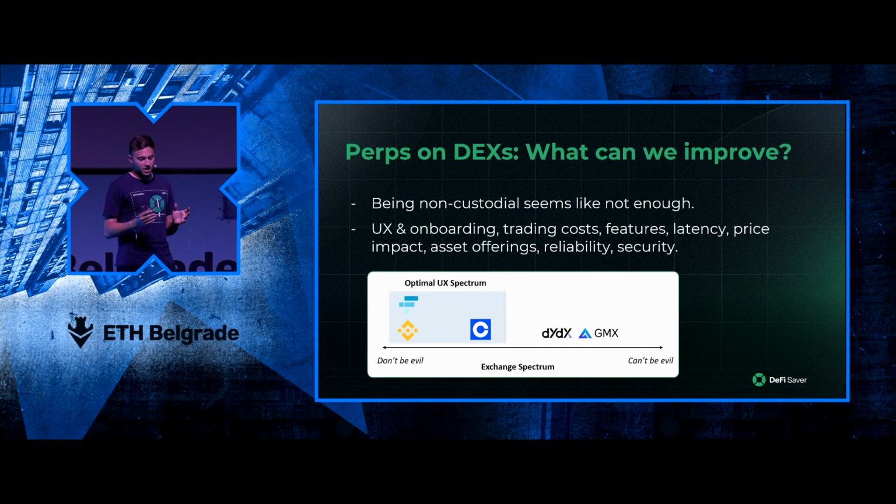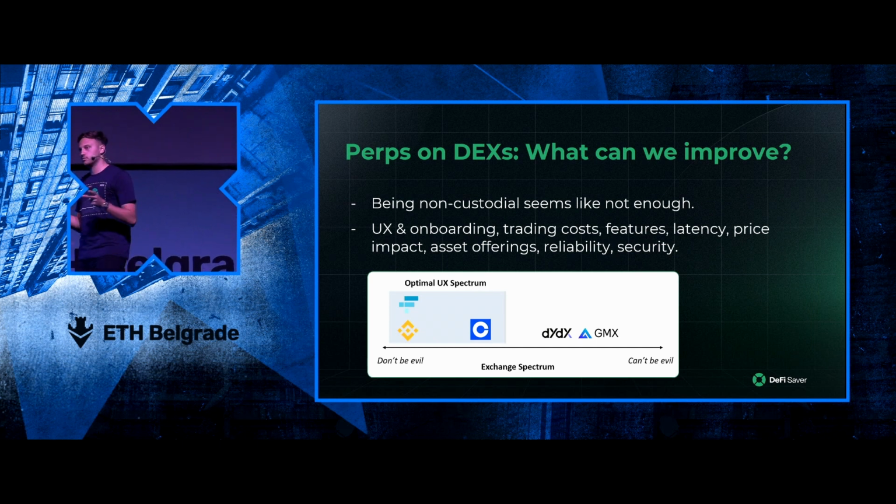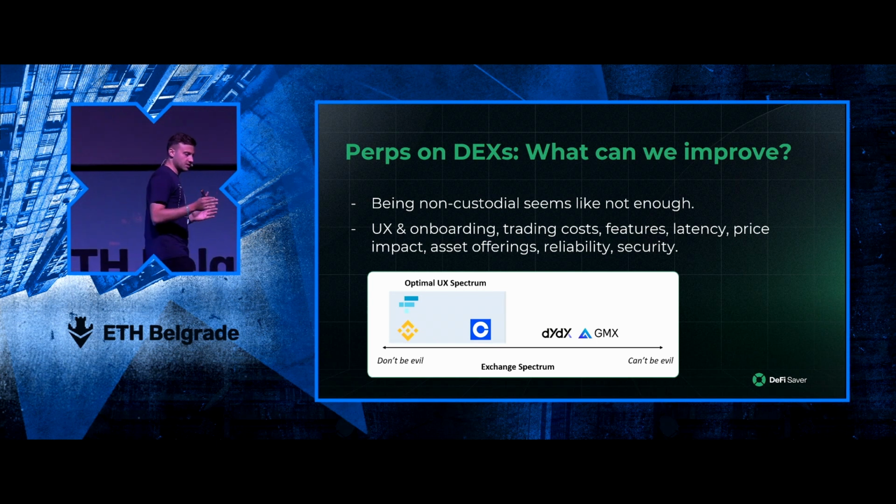The question that may arise is what we can do to bring traders from custodial solutions and centralized exchanges to the DeFi space, because it seems that being non-custodial is not enough, at least so far.